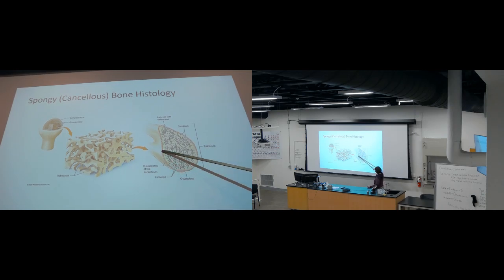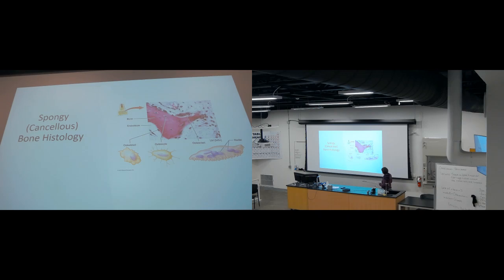If you magnify these trabeculae, you can see the different parts. This external part is the endosteum, and you have osteoblasts and osteoclasts as well. And in here, you have lacunae with the osteocytes, and canaliculi.